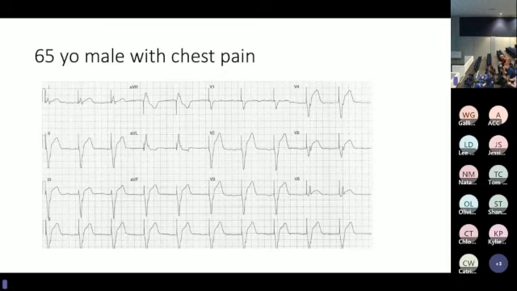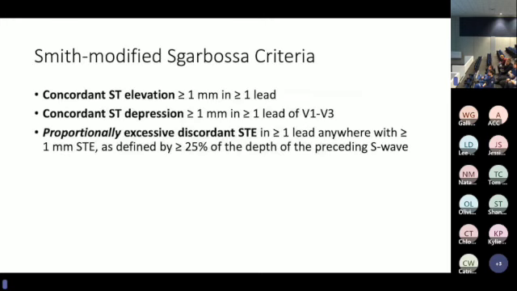Good. I didn't use calipers, sorry, for the presentation to measure, but what we're talking about is the new modified Sgarbossa criteria, which is slightly more simple than the previous criteria. When we've got a paced rhythm or a left bundle, it can be quite hard to differentiate a STEMI from just a normal paced rhythm or a left bundle ventricular pattern.